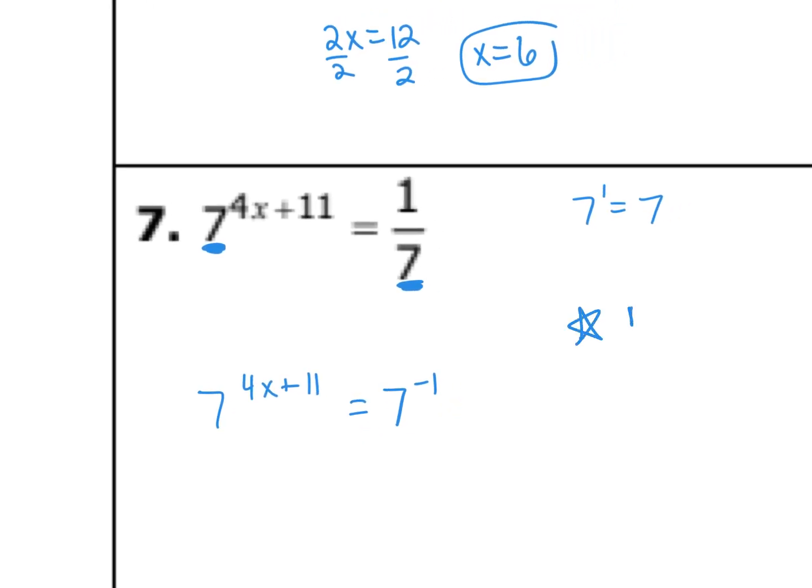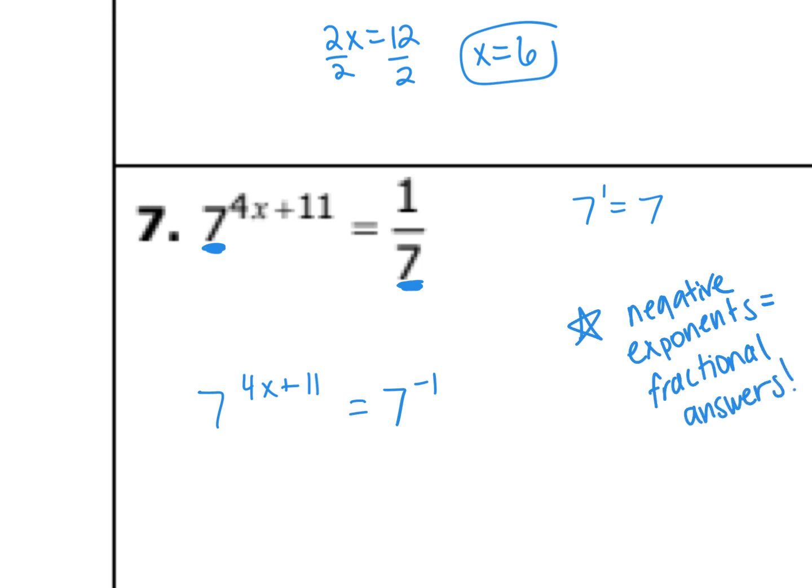Negative exponents equal fractional answers. We just got to know that. That happened on your quiz too. Some of you wrote decimals, which is fine, but this happened. And your calculator, if you ever want to double check yourself, just type that in and it'll work.